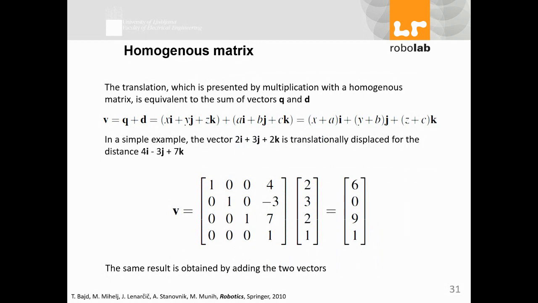So the translation, which is presented by a multiplication with the homogeneous matrix, is equivalent to the sum of vectors q and d. In vector space, we do it this way, as I said. So these two will be added, simply adding different components in different directions, one by one, pairwise to each other.